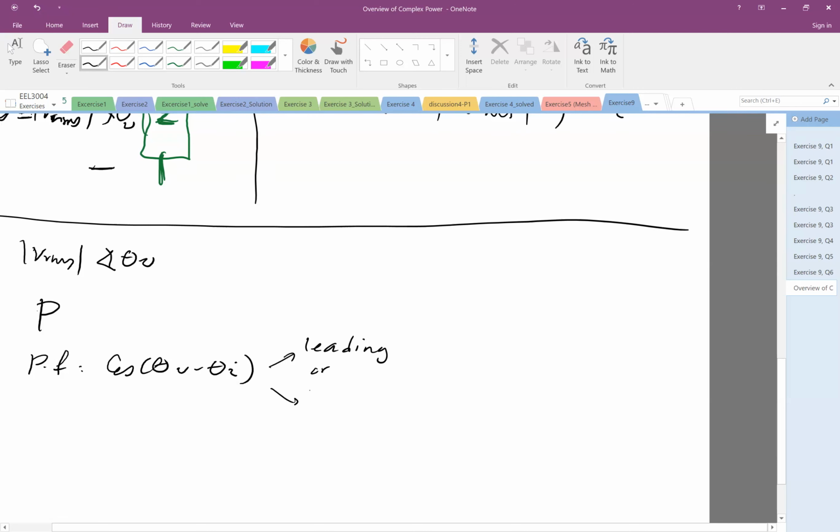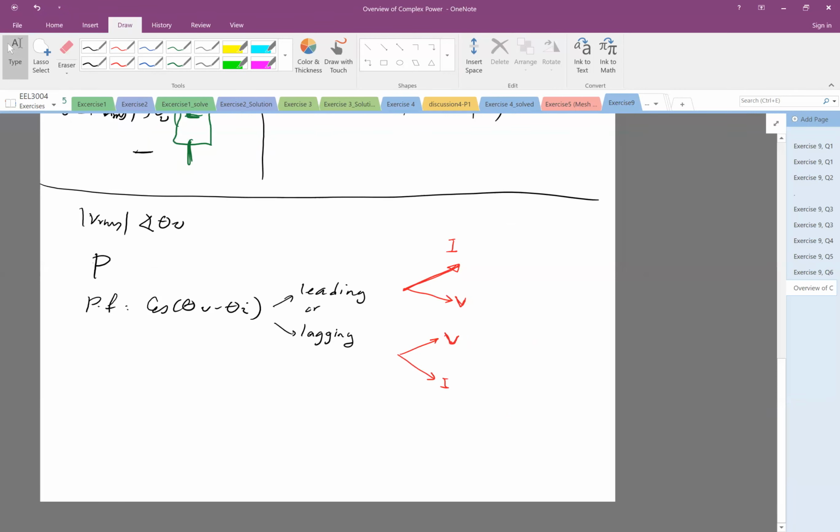Because basically we can have two scenarios. By definition, it's leading if I is ahead of V, and it's lagging if I is not. So to know the relation between theta V and theta I, we also need to know which one is leading or lagging. And it's usually given to us.